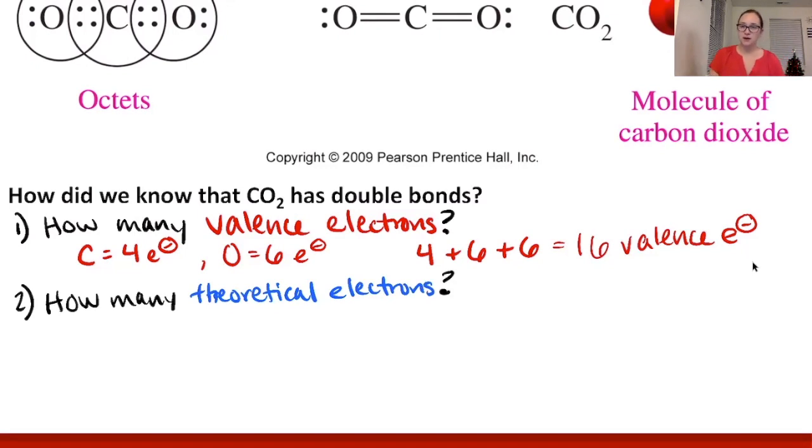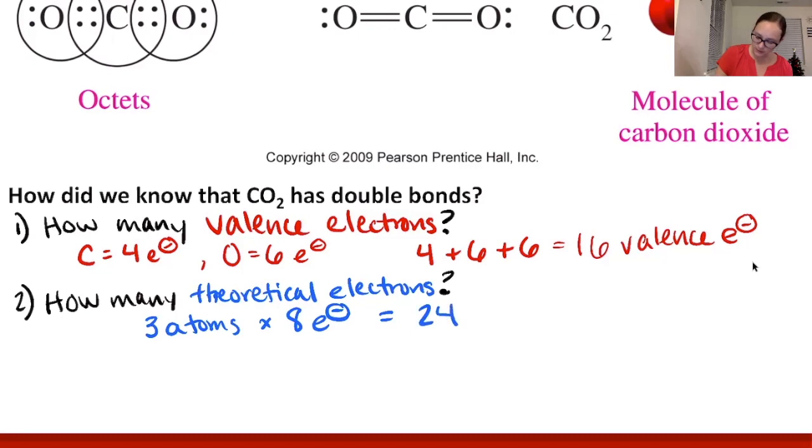So in order to find this out, we're saying how many total electrons, if everything is bound and follows the octet rule, are we going to have? So in this case, we have 3 atoms, and all of those atoms want 8 electrons to fulfill its octet rule. So if we have 3 atoms times 8 electrons each, that means our theoretical number of electrons is 24 electrons.